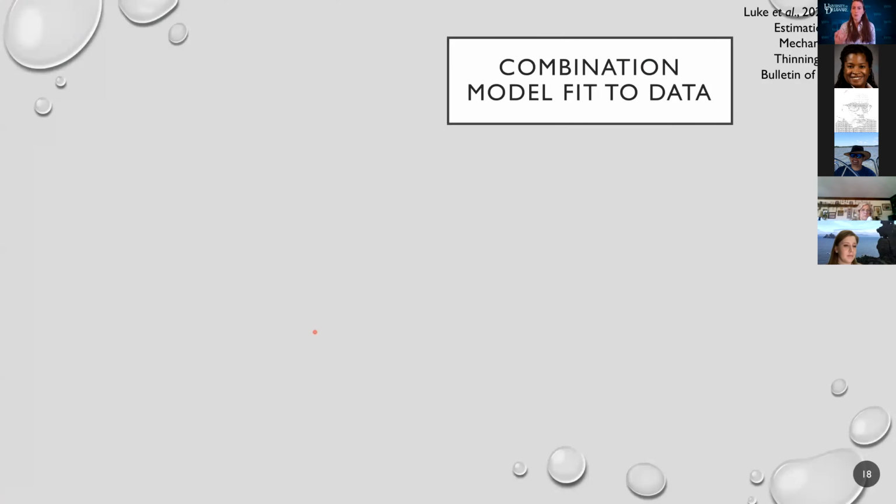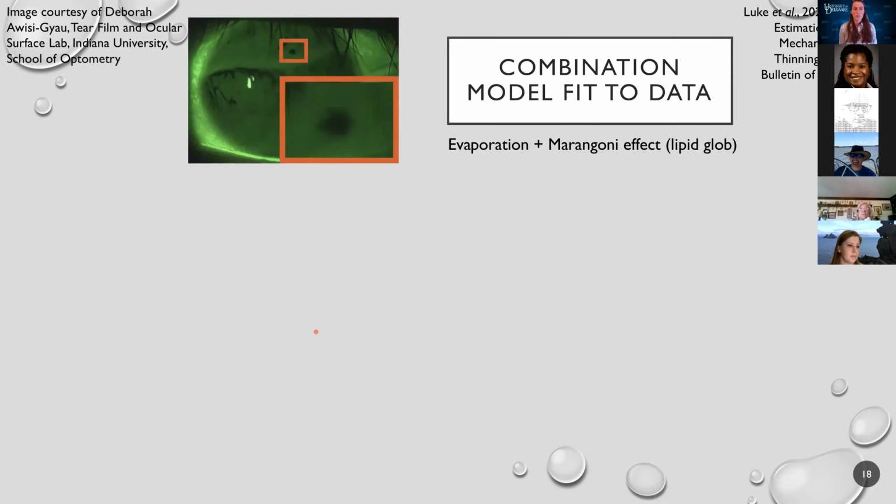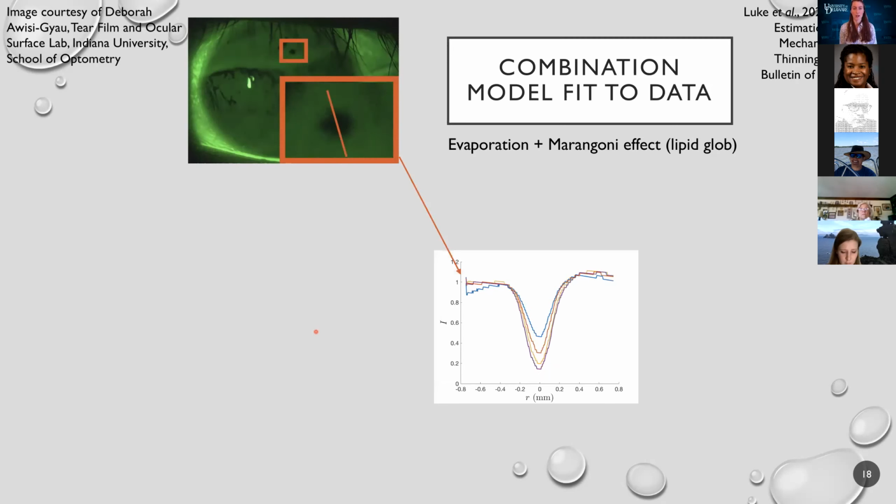So the setup for comparing the combination model with data, and again, here I've got both evaporation and the Marangoni effect. Think again of that glob of lipid causing thinning together. So we're going to compare this model to the data. Similar start, we're going to identify a breakup region. We're going to extract data across the breakup region from every time level.